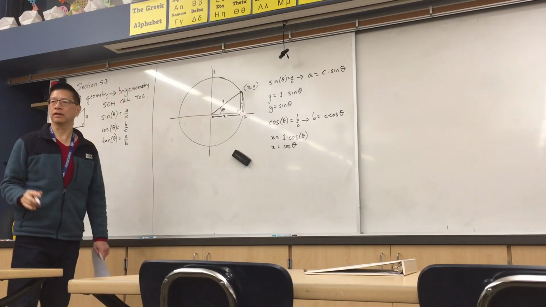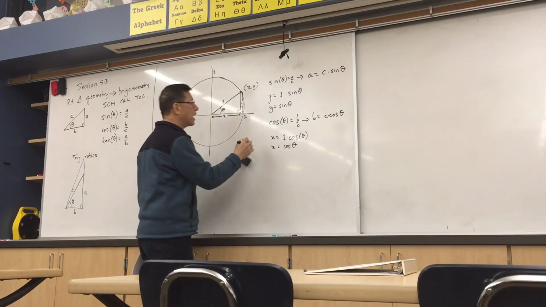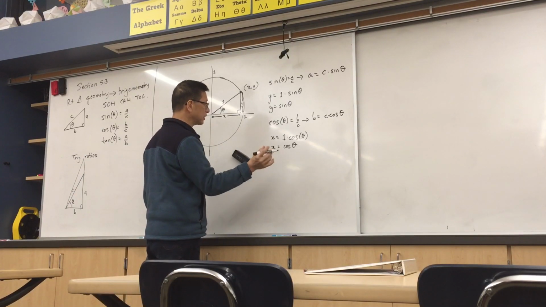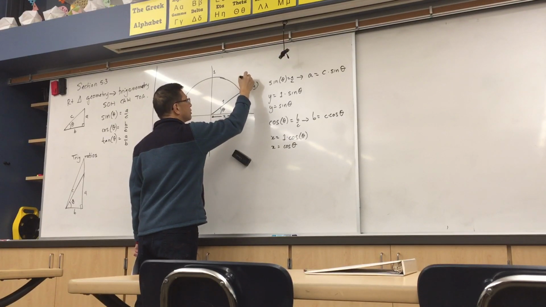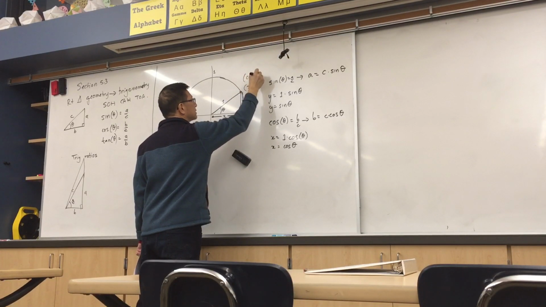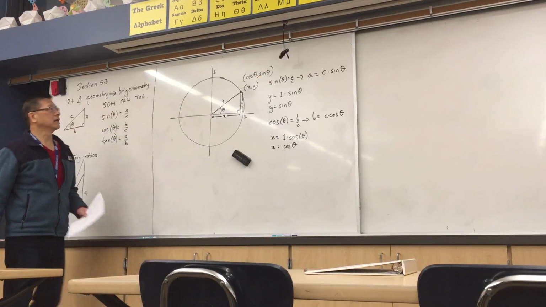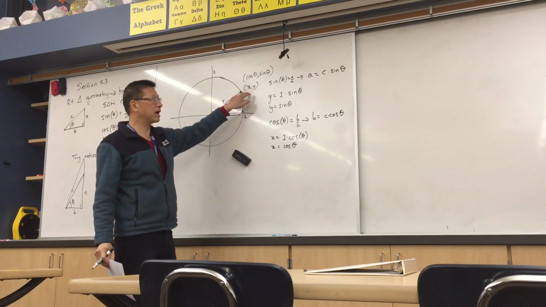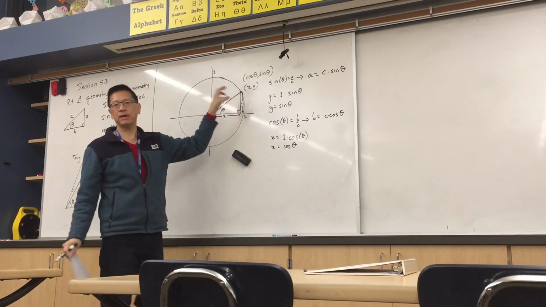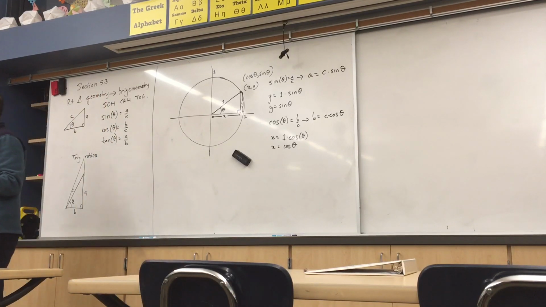So wait a minute here. Am I saying that this is cos theta comma sine theta? Wait. So now I have, what do I have? I have a point in space that's defined by sine and cosine.